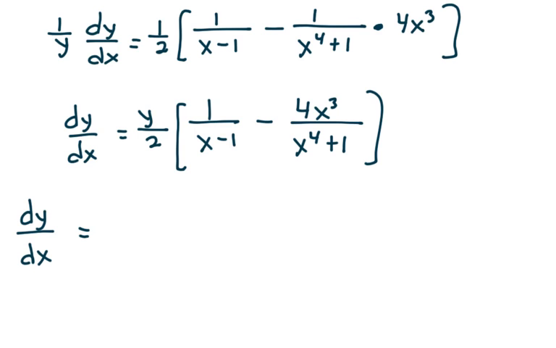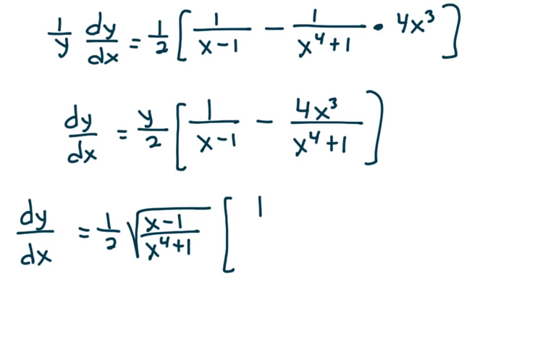So dy/dx is 1/2 multiplied by the square root of x minus 1 divided by x to the fourth plus 1 times the quantity 1 over x minus 1 minus 4x cubed divided by x to the fourth plus 1.